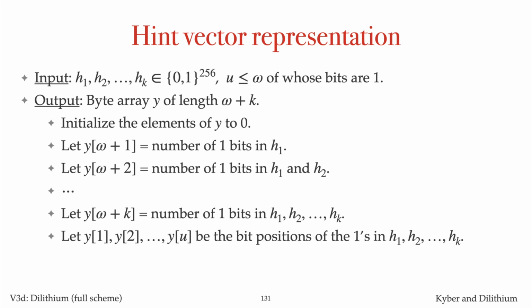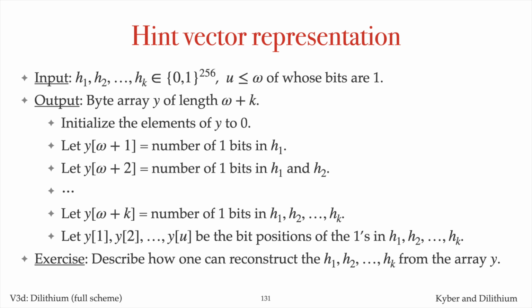Then, byte 1, byte 2 up to byte u record the bit positions of the 1s in h1, h2, and hk in that order. Given the array y, which has byte length omega plus k, one can easily reconstruct the hint bit vectors h1, h2 up to hk. I'll leave that as an exercise for you.